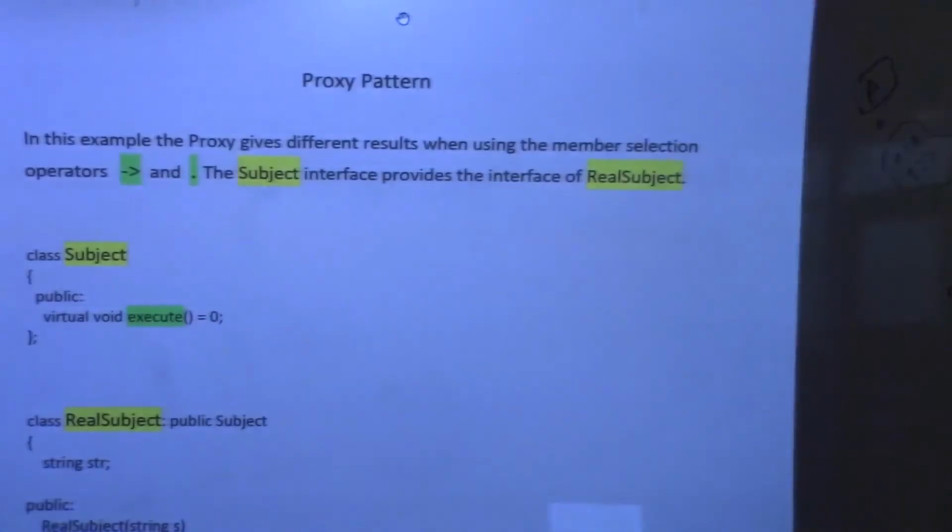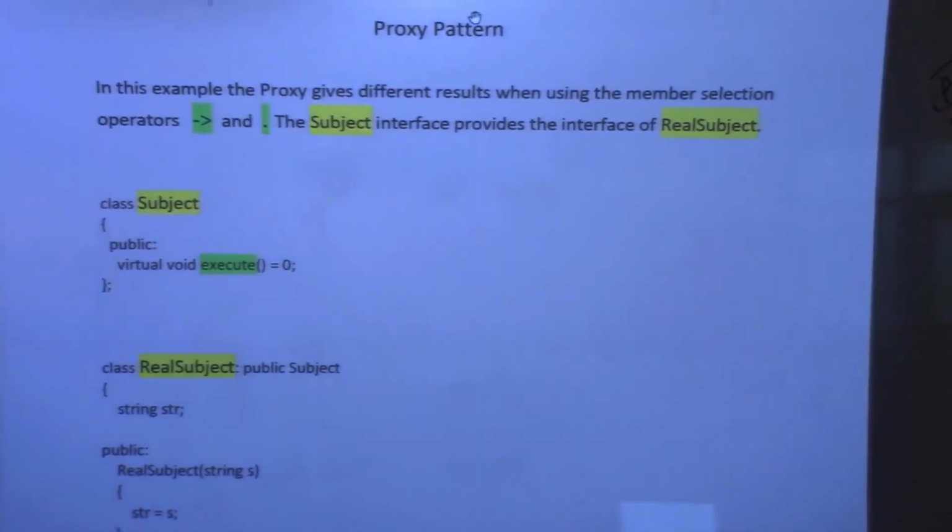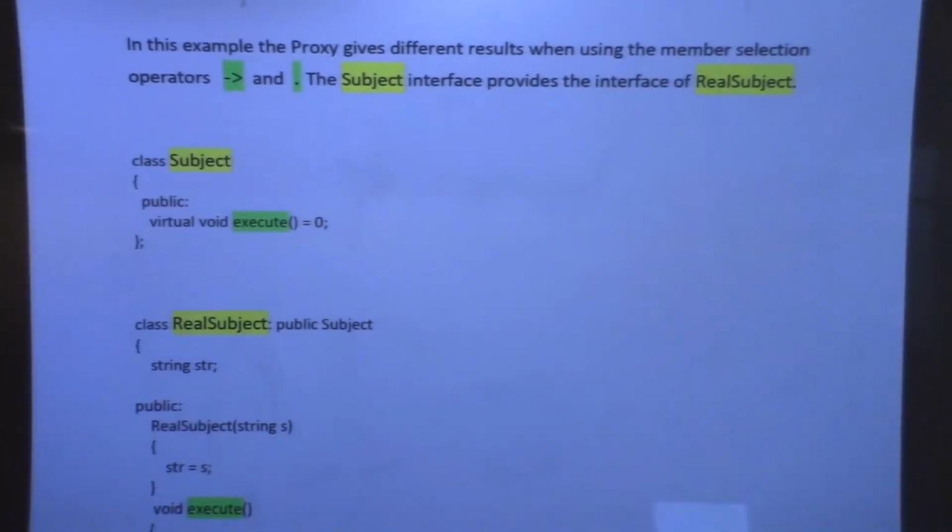She thinks she's operating with an actual object because the behavior is exactly the same as if it was a real object. But you're tracking things, you're networking things, you're delaying construction of certain things, okay? That's the idea. So I'll give you an example of a proxy pattern.